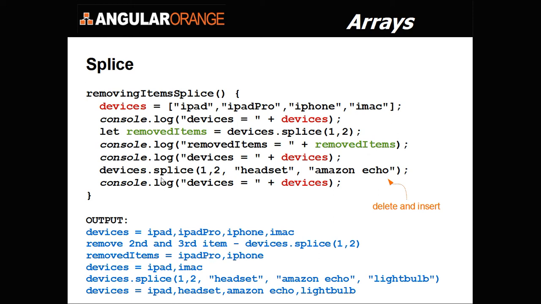And then what I could do is a splice on 1 and 2, and add in headset and Amazon Echo. This is doing a delete and an insert at the same time.